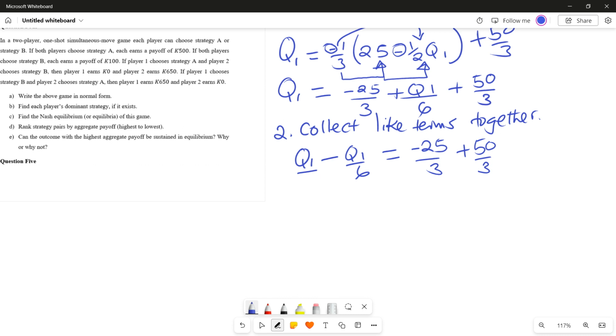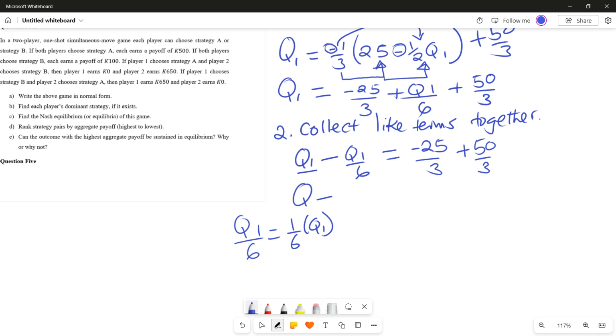Since we have got negative q1 over 6, you can convert this into a decimal, because people find it easier to deal with decimals than fractions. So remember that q1 over 6 is the same thing as saying 1 over 6 multiplied by q1. We can just deal with 1 divided by 6 on the calculator.